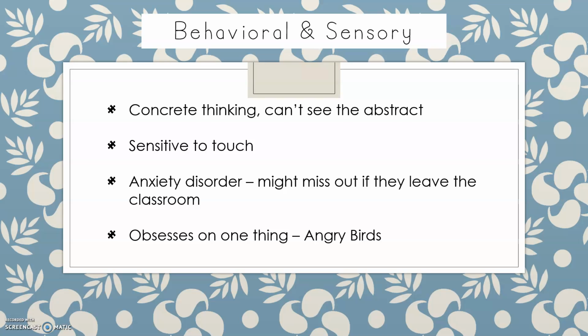Behavioral and sensory characteristics would be that they have concrete thinking. They can't see the abstract. When we go outside and there are clouds in the sky, some of my kids are able to see things in clouds like that. And some of my kids on the spectrum can't see that that's an elephant in that cloud.